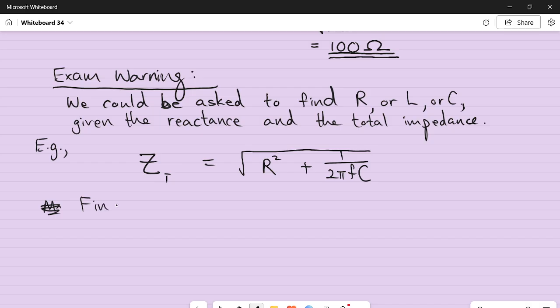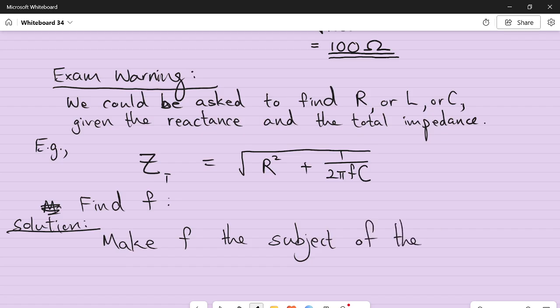Find F. When I say find F, that means you know every single letter except for F. Can you make F the subject of the formula?